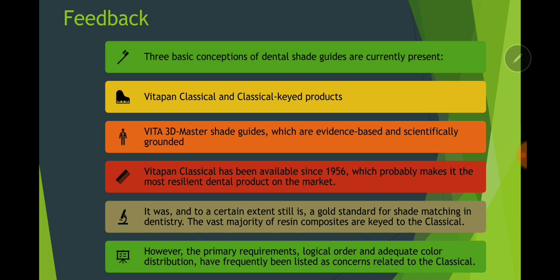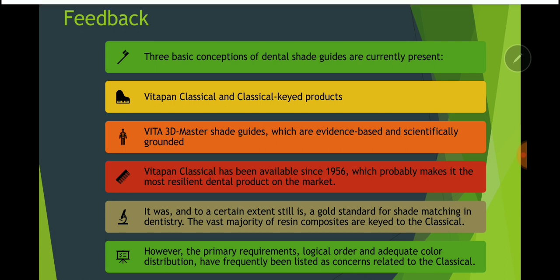Okay, now Vita Pan Classical has been available since 1956, so it was and is still to some extent a gold standard for shade matching. All right, Vita Pan Classical. However, the primary requirements and logical order and adequate color distribution have frequently been listed as concerns related to the Vita Pan Classical. So you have to know these things, okay?